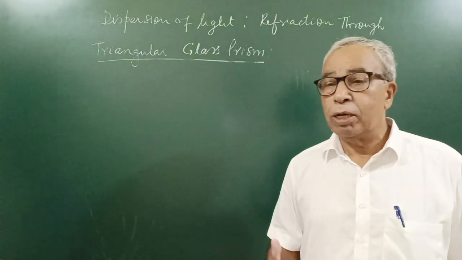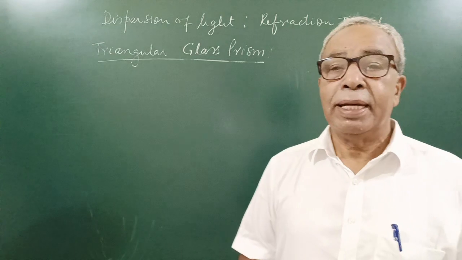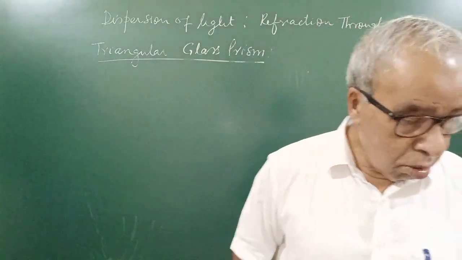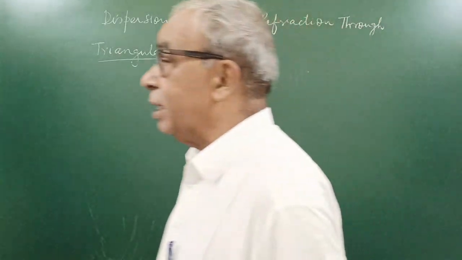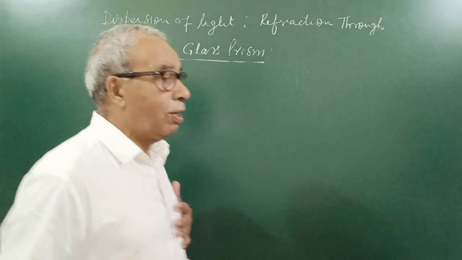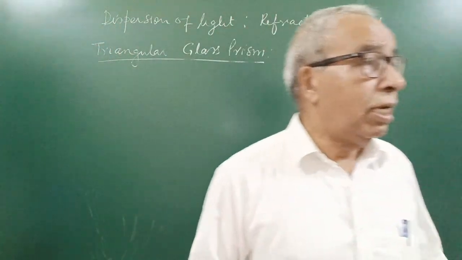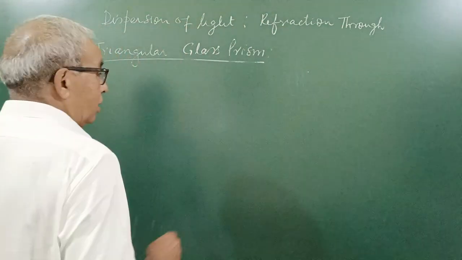Then students of class 12 go to class 12, students of class 9 go to class 9. That is the term called disperse, meaning to get away in a particular manner. Disperse means to get away from the crowd in a particular manner. That is dispersion. So here also light.